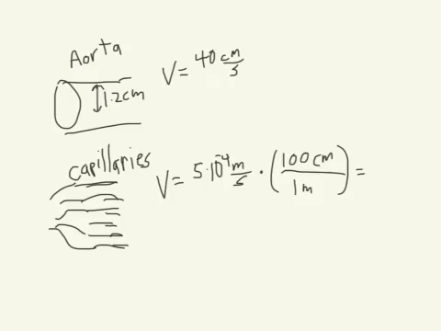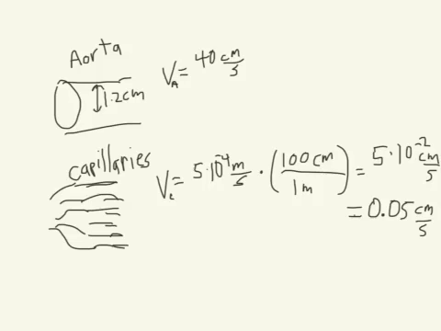There's our conversion factor, and we just take that exponent, shift it 2 places from -4 to -2, or we could write that as just 0.05 centimeters per second. And let's call this VA for the aorta, VC for capillary.